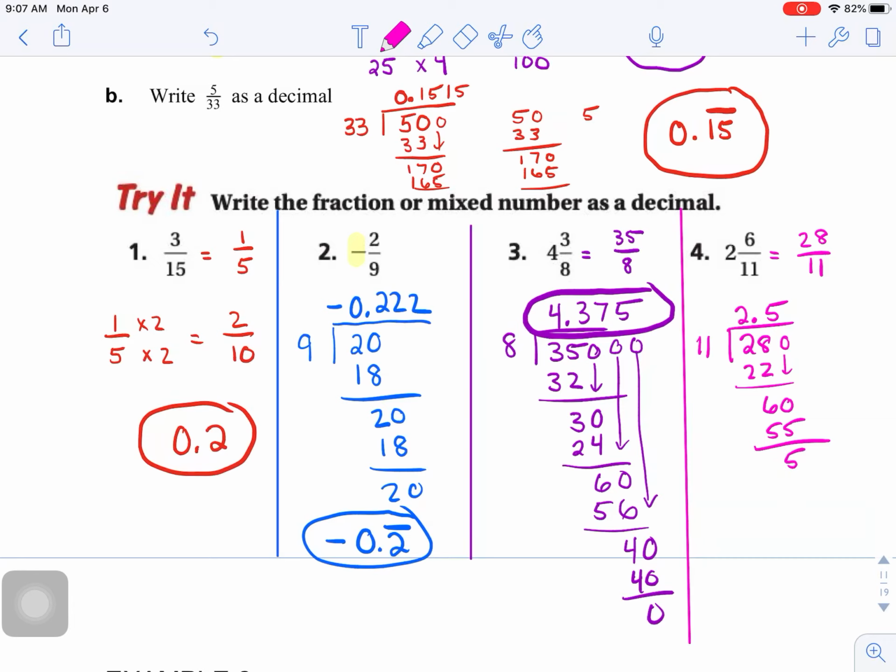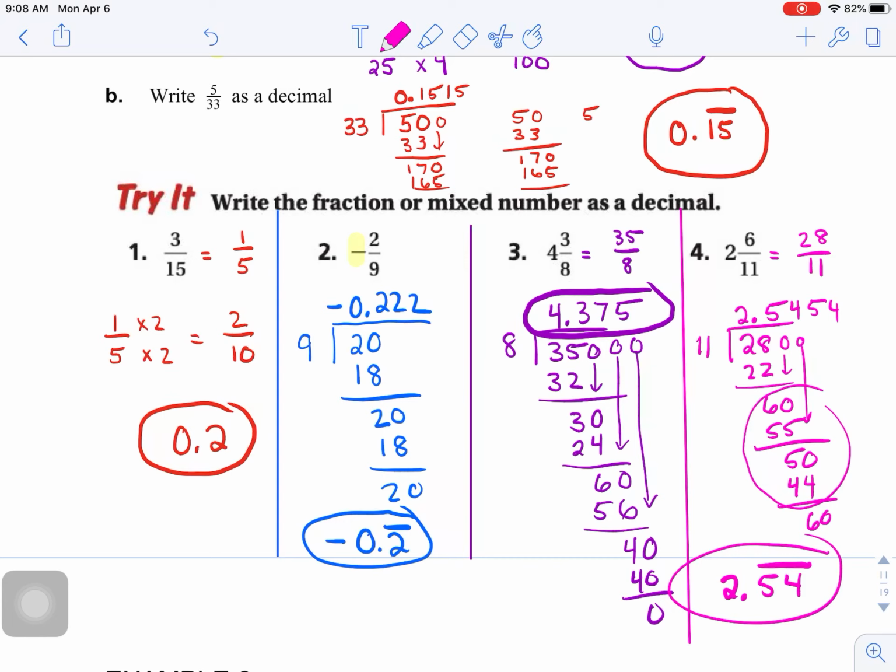Subtract, add my 0. 11 goes into 50 4 times. All right, and now you're going to notice this bottom pattern repeats because we get 60 again, then we would get the 5 again, then you're going to get the 4 again, and so on. So my answer would be 2.54 with the 5, 4 repeating.